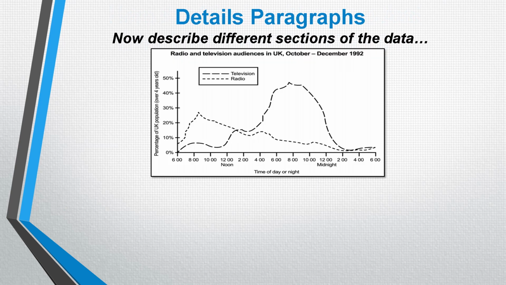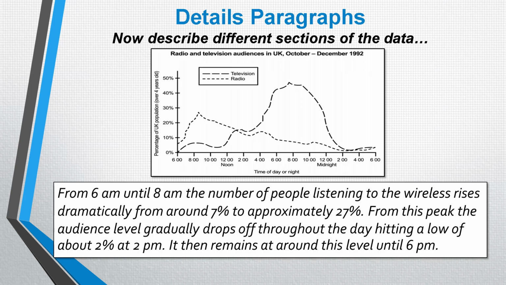You are normally going to write 2 details paragraphs, and for this line graph there are just 2 items that we need to describe: the television and the radio. So it therefore makes sense to write 1 paragraph about the radio and 1 paragraph about the television viewing figures.